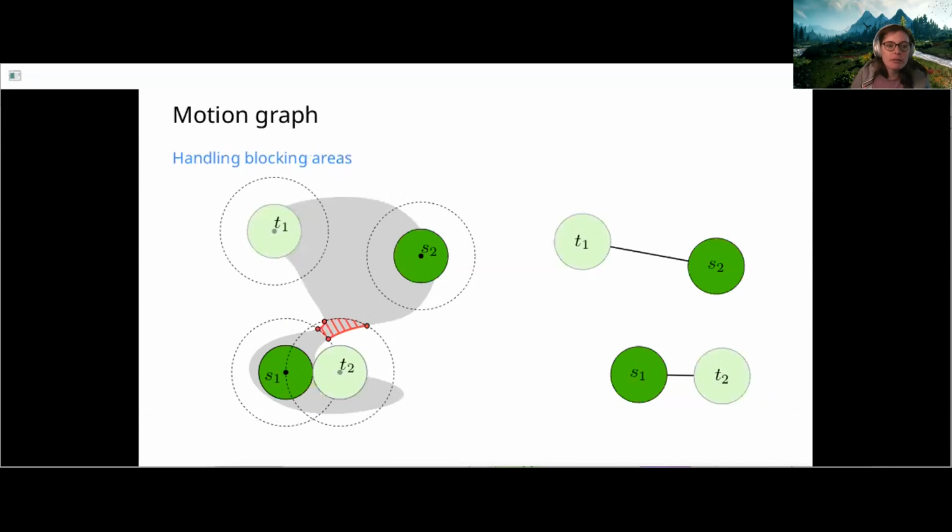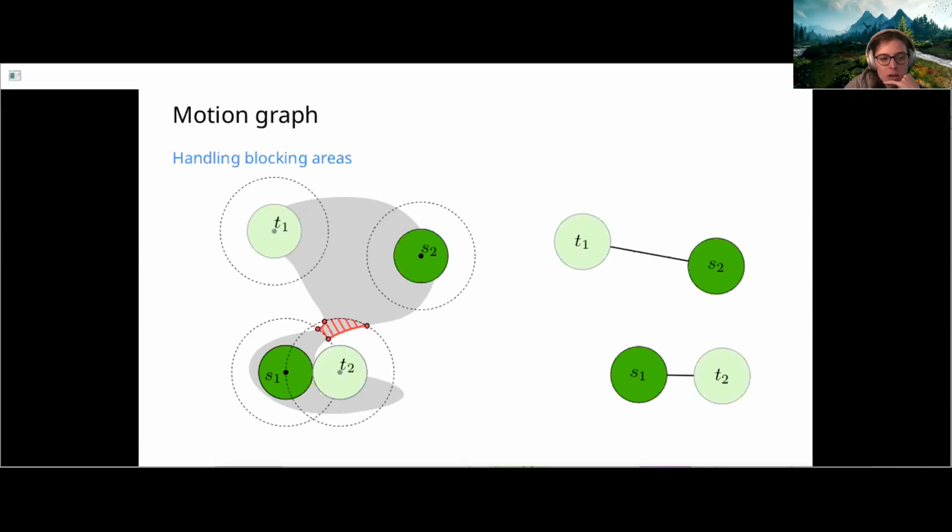But if we do have blocking areas, then we can build this motion graph in the different components on each side of the blocking area. And now we want to connect those components of the motion graph.